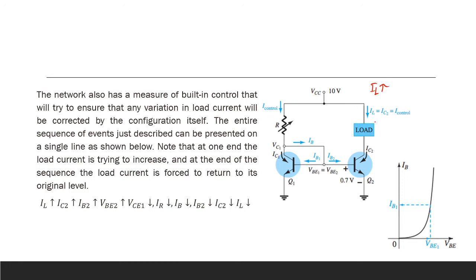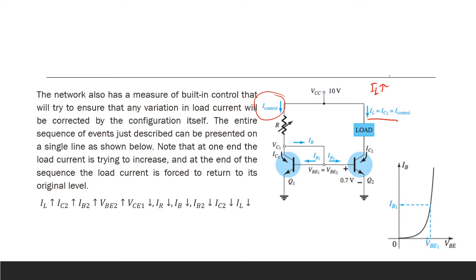Kasi syempre, ang worry natin, ang mini-mirror natin is I control. 'Di ba? So kanina, pag nagbago yung I control, gusto natin magbago yung IL. Pero this time around, yung IL ang magbabago. Pag nagbago ba yung IL natin, gusto nating magbago yung I control? Hindi. Kasi kaya ka nga nag-set ng control current para yun yung i-mirror nitong circuit po na current na pinapasok mo sa load natin.